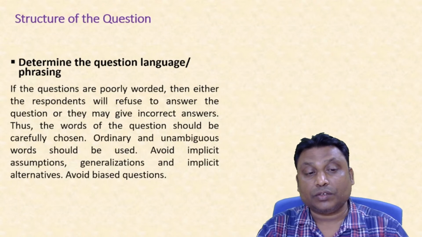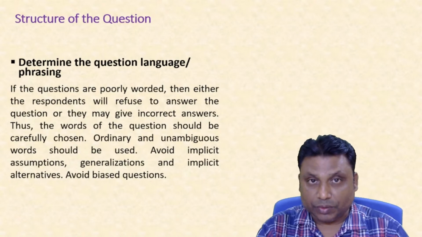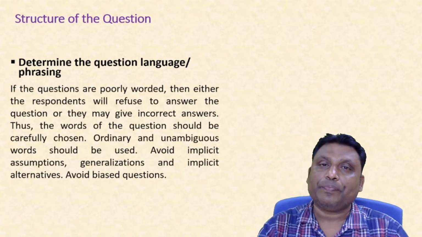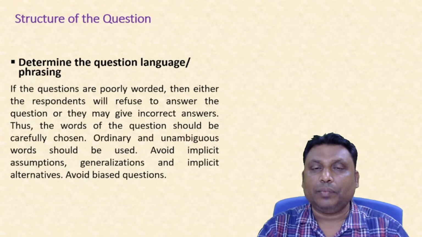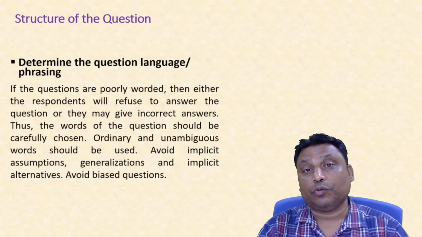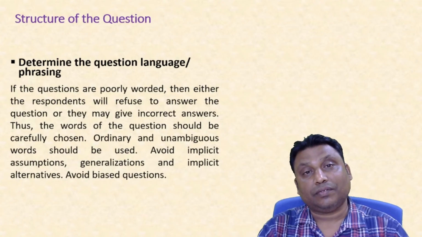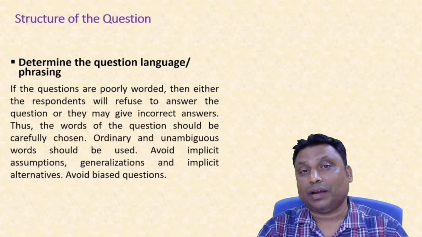Ordinary and unambiguous words should be used. Avoid implicit assumptions, generalization, and implicit alternatives. Avoid biased questions, questions that have double meaning or more than one answer. This type of wording should always be avoided. Remember this, because if you use this type of wording, then your data collection may not be feasible. Your data may be different, and if your data is different, then your research work is different, and then you couldn't find the right solution.